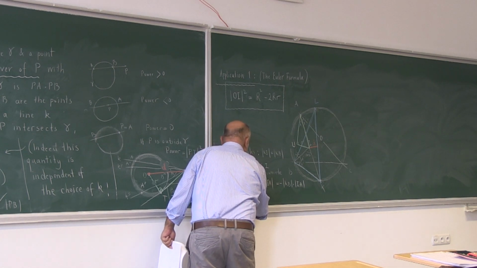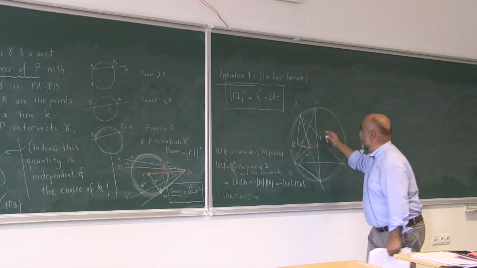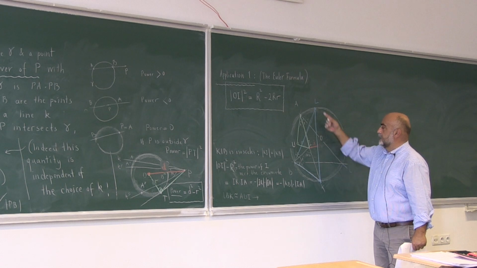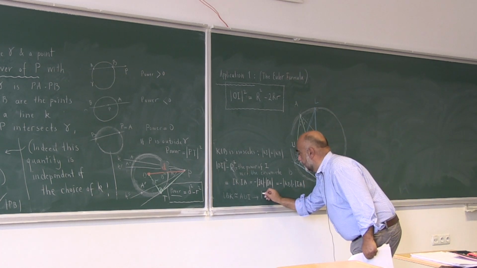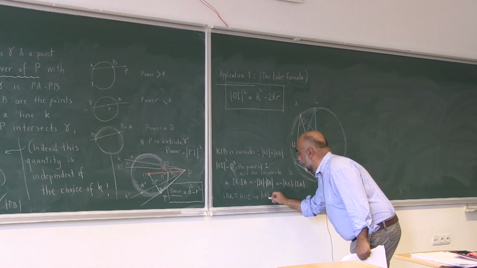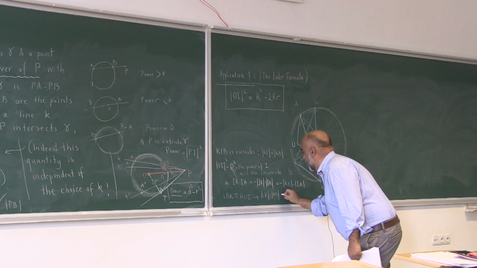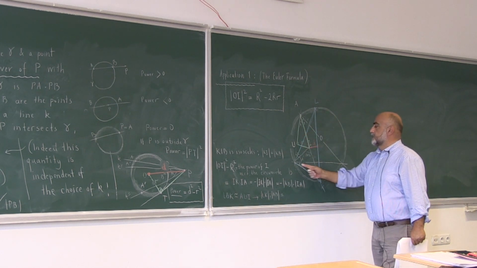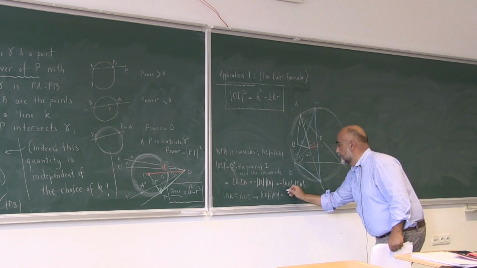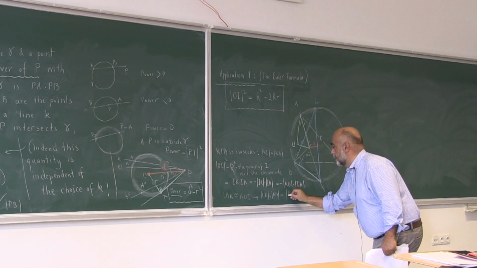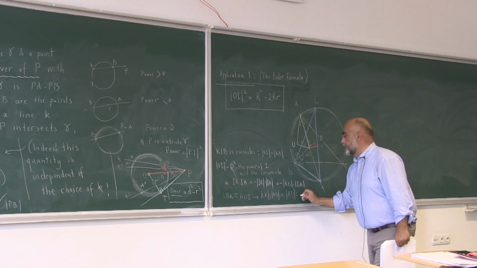So it follows from this that if you take the ratio of LK to KB, that's exactly the same as the ratio of AI to IU.